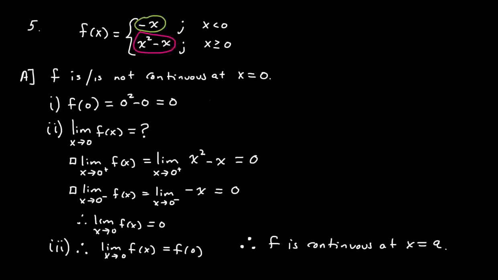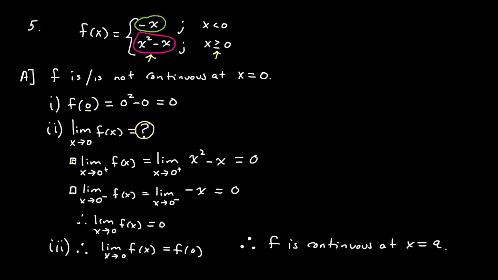And here's the work, and I'd like us to point out a couple items. F of 0, I need to decide if I plug it into the top or the bottom. Here I'm plugging it into the bottom because the equal sign tells me which behavior happens at x equals 0. Then I ask a question about the limit. I put a question mark.